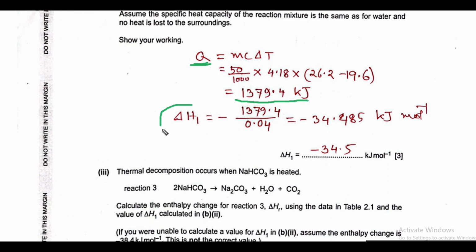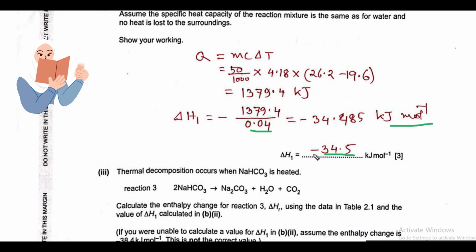So del H1 enthalpy change will be energy transferred divided by number of mole. Number of mole 0.04 mole is given. So you will get 34.485 kilojoule per mole, or you can write 34.5.